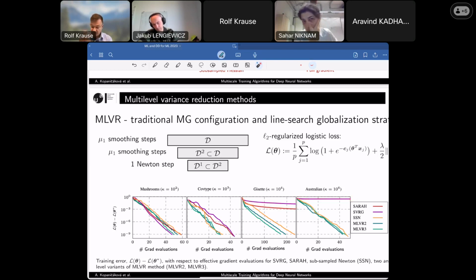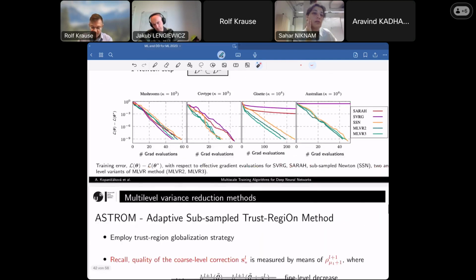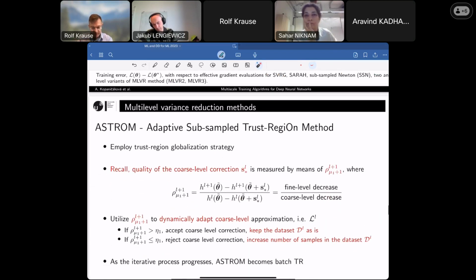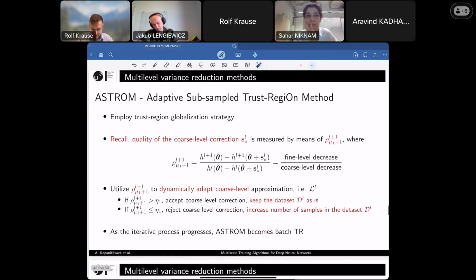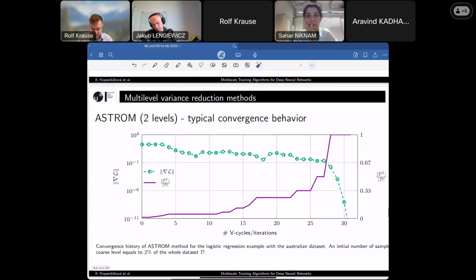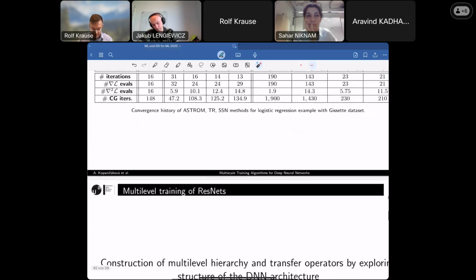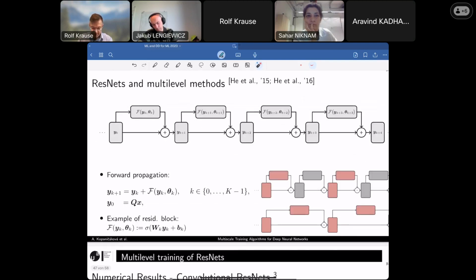This is also clear from the theory of PDEs, because multigrid is an optimal preconditioner for problems which are related, if you wish, to a certain metric. And this very good preconditioning property seems to translate here.